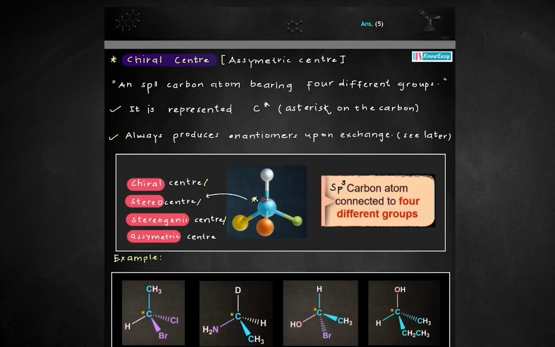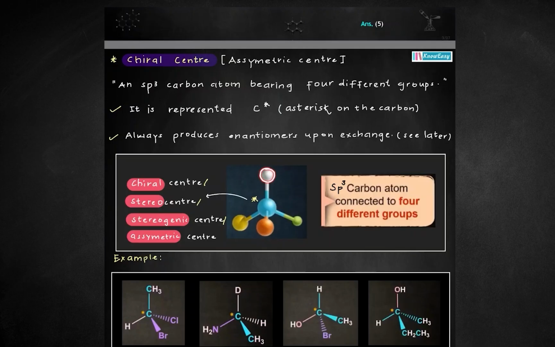See here, this is a central atom. It may be carbon, nitrogen, oxygen, phosphorus, or sulfur. So don't get confused that only chiral carbon is the chiral center. A chiral center may be nitrogen, sulfur, phosphorus, or oxygen. This is very important. Suppose this is the central atom, and as you can see there are 4 single bonds, which means the hybridization is sp3.